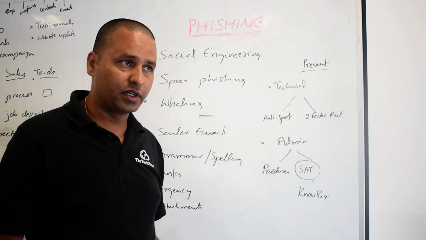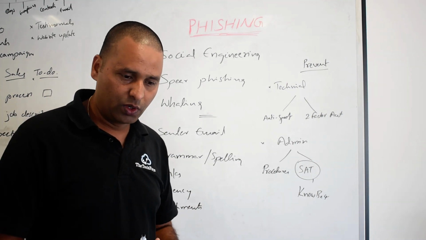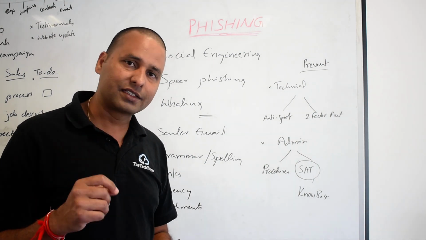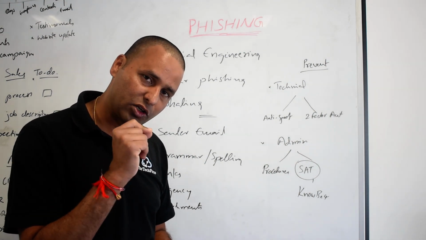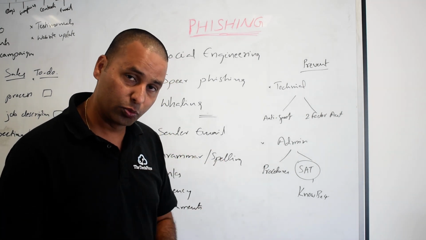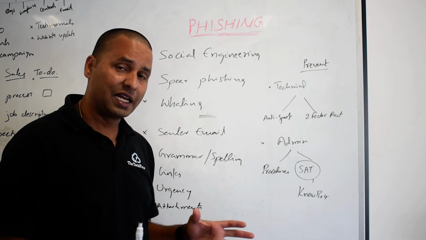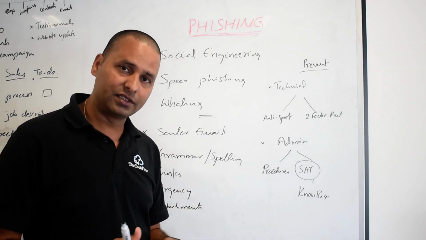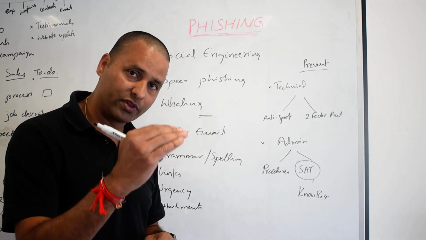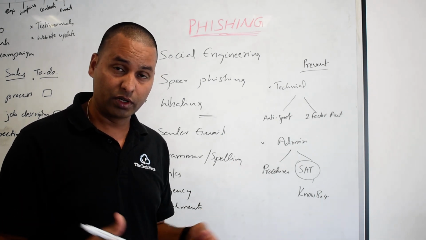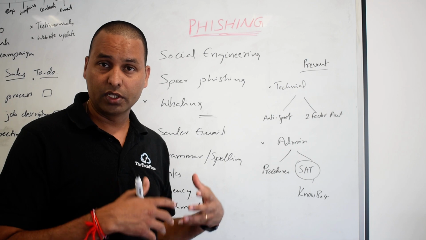There are a number of different types of phishing. For example, spear phishing is where the bad actor is targeting one particular person or one particular group of people, usually a company. Whaling is where the bad actor is targeting the top of the organization, either the CEO, CFO, one of the board of directors, someone with authority.